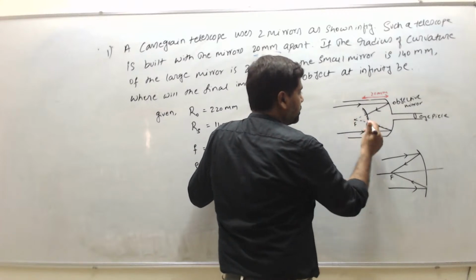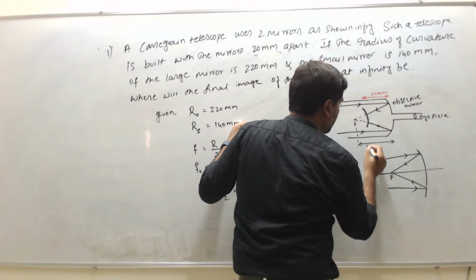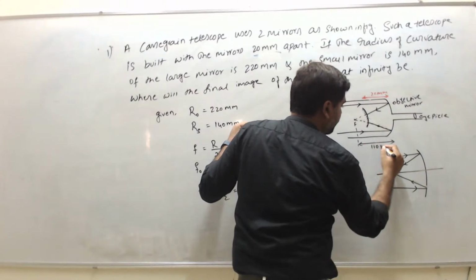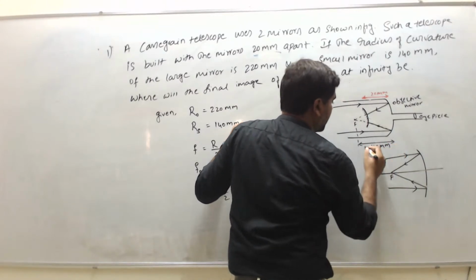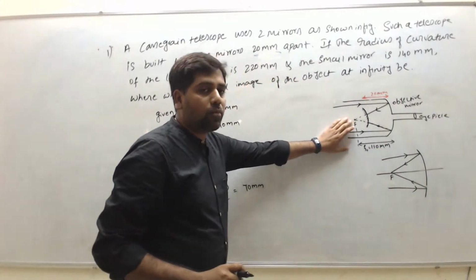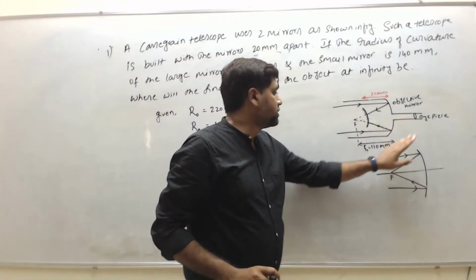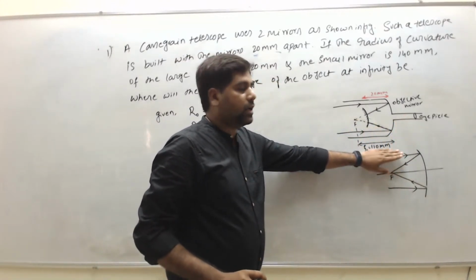Here the distance, that is from here to here, is 110 millimeter. That is the focal length of the objective. That is, the image is formed at the focus. That's why the image distance from the mirror is 110 millimeter.